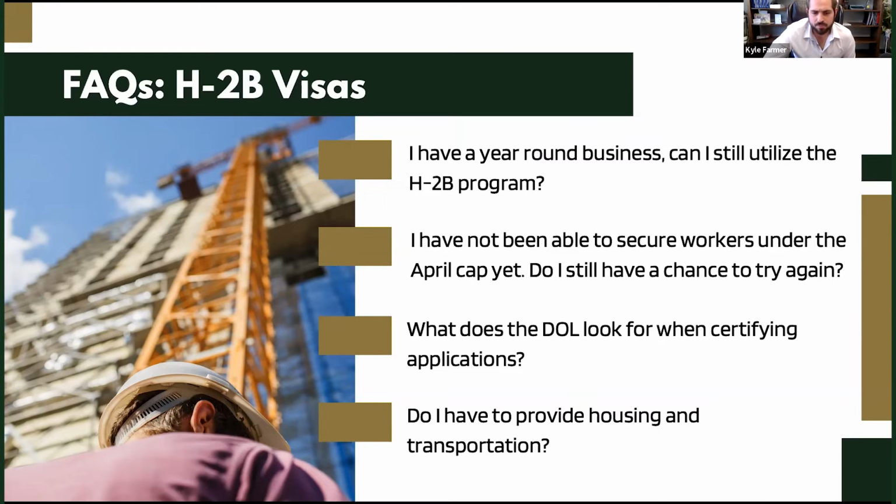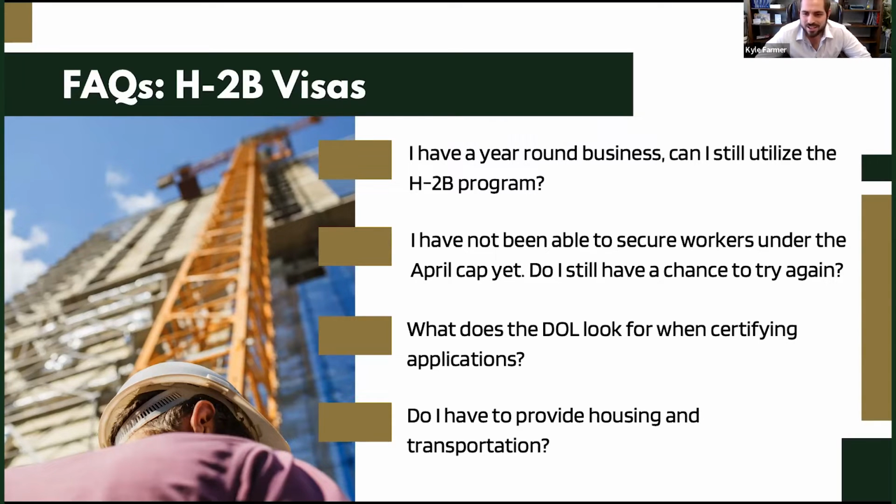So for example, let's say that I have a need for additional workers because I have a backlog of work that was created due to the COVID-19 pandemic. And I need workers to work my way through the backlog created through the pandemic. I can use a one-time occurrence argument to justify that so long as I can actually support it with the necessary evidence.